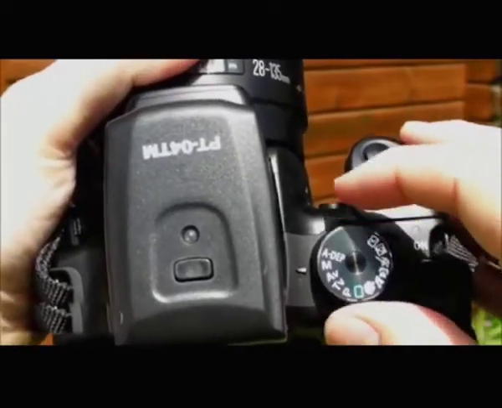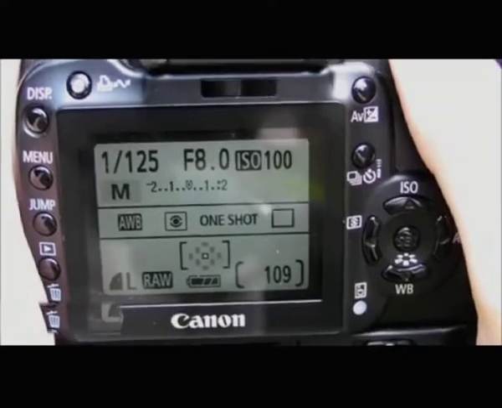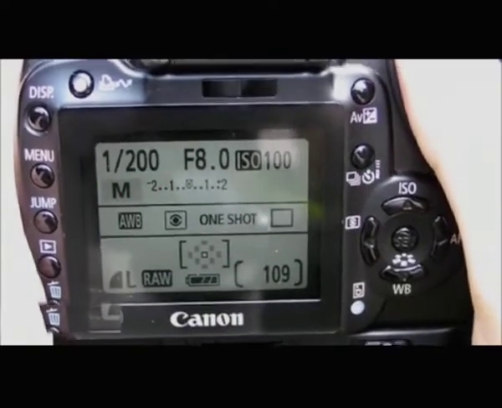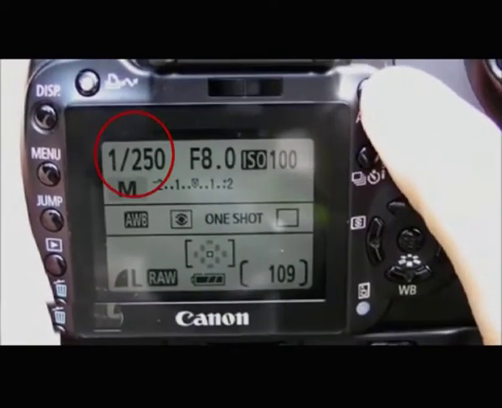One very important thing one has to keep in mind when using an SLR camera is the issue of synchronization speed. Every camera has a shutter speed till which the flash is synchronized, and that is highlighted on every camera.